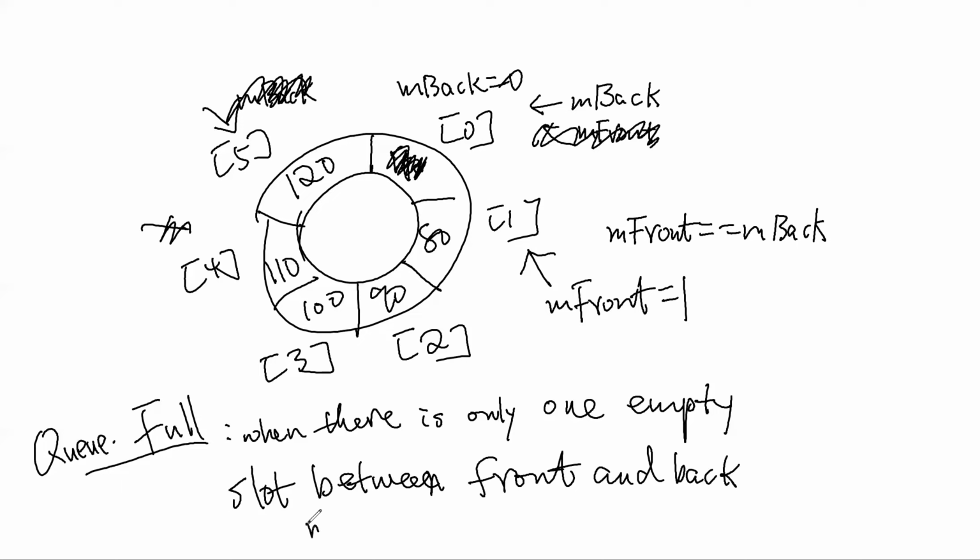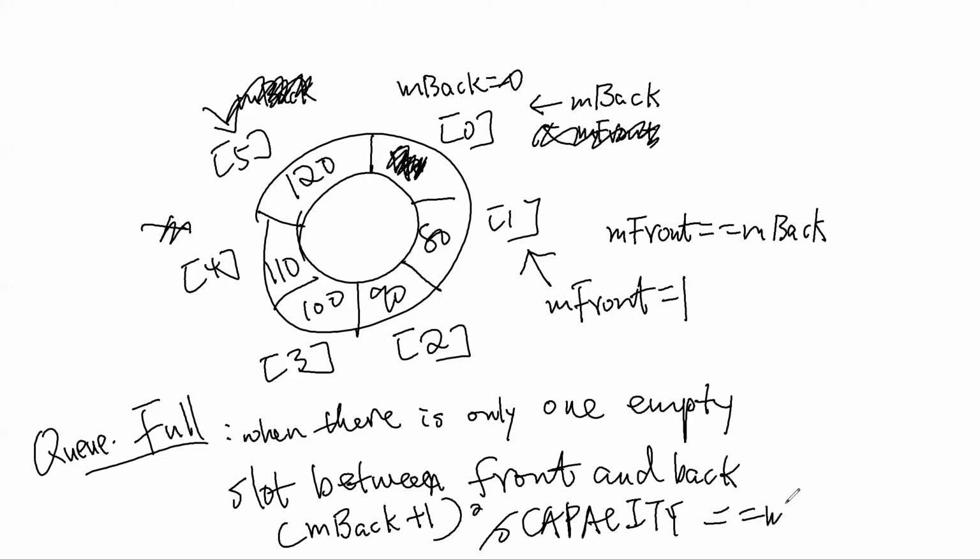We do back plus 1 modulo capacity equal to front. Back is 0, 0 plus 1 modulo 6 gives 1. Front is also 1. So this is the queue full condition with the circular array. Once again, we use the modulo operation.